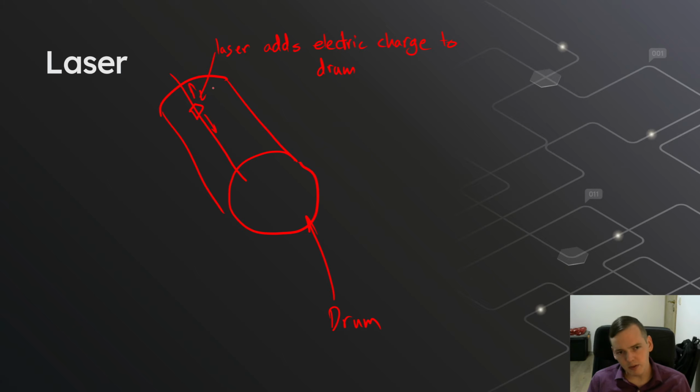So it'll make some sections of this drum be negative. So I might have a bunch of negative sections like this, and then a gap and some negative there. Then over here I might have some negative like this, then a gap over here. So it makes a bunch of places that are negative and a bunch of places that are therefore also the opposite charge. Then you run a piece of paper over this.